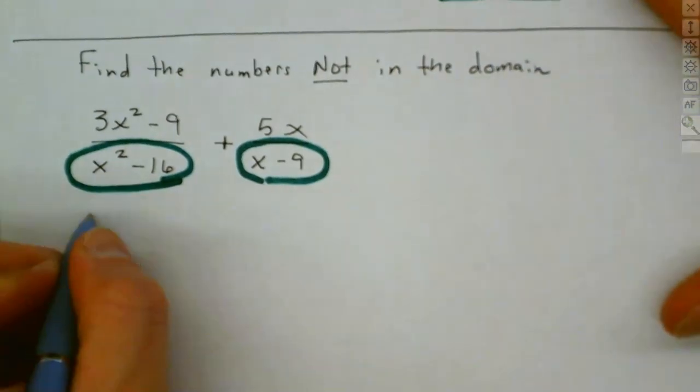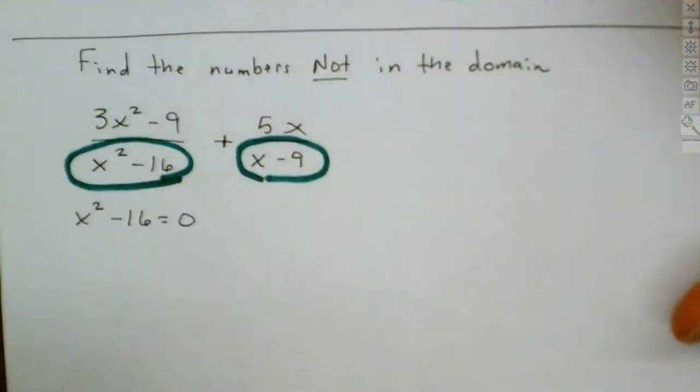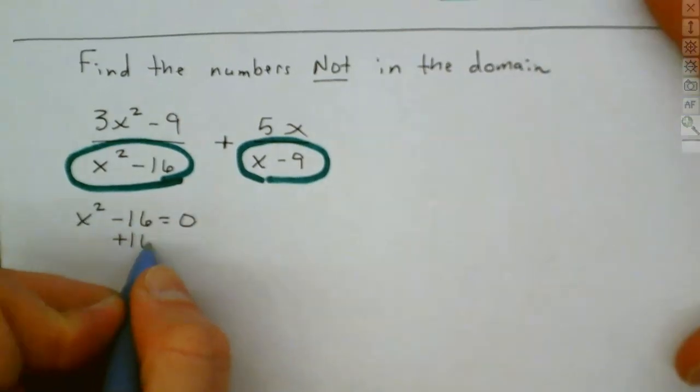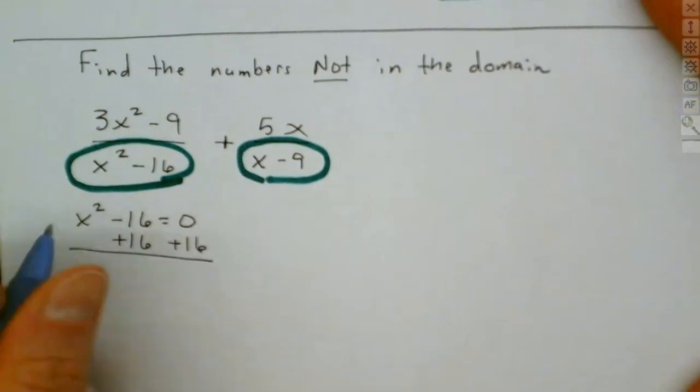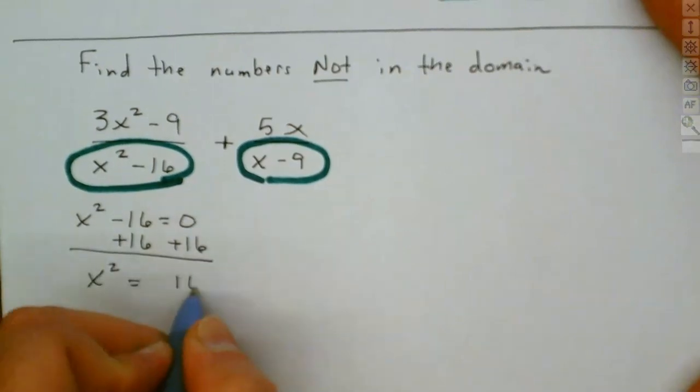So our first one is x squared minus 16 equals 0. We can either factor this one as a difference of squares, or we can just use our square root property. So add that 16 over, and now we've got x squared equals 16.